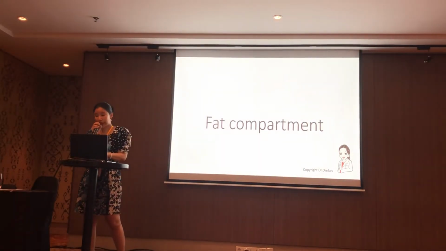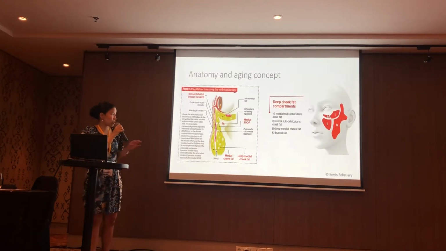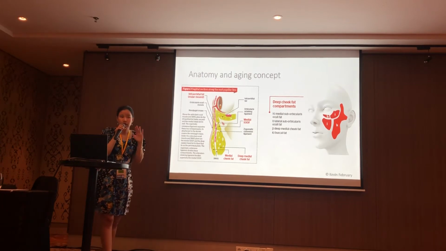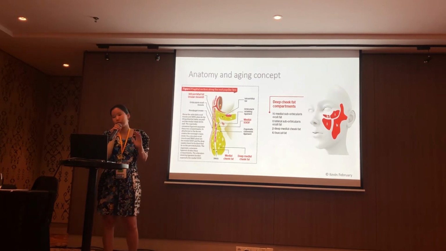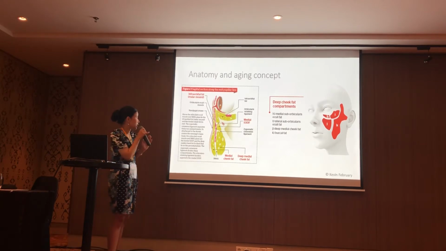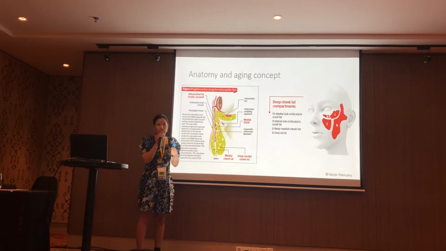So regarding the fat compartment, okay, this picture is very clear. The fat compartment on the face, according to the most recent knowledge now, has been divided into two layers. The first layer is the deep fat compartment, and the second layer is the superficial fat compartment.